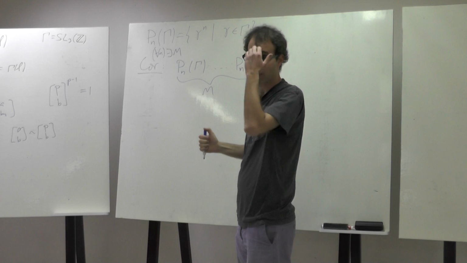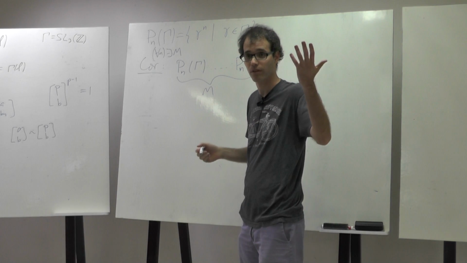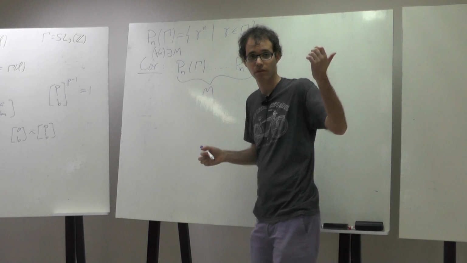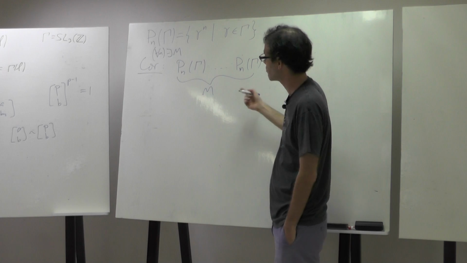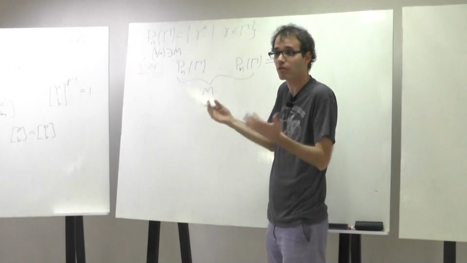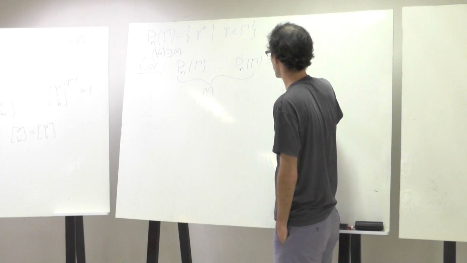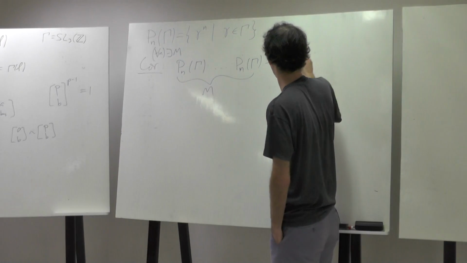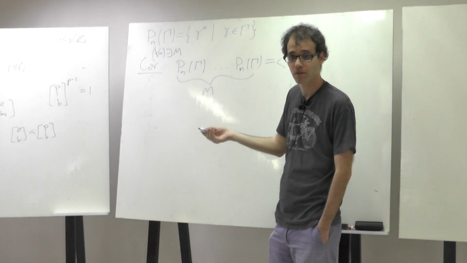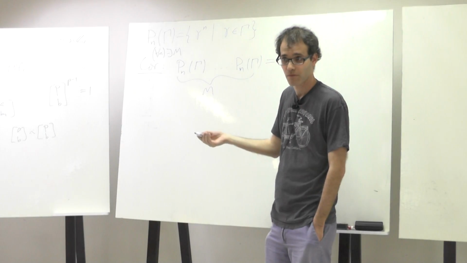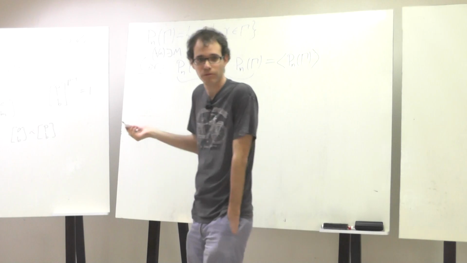I want to say that every element is a product of at most 500 squares, or 3,000 cubes. But it's not true, because maybe the squares or the cubes don't generate the whole group. But whatever they generate, they generate in a bounded number of steps. And you know it contains gamma of n or something, right? No, that's the proof.